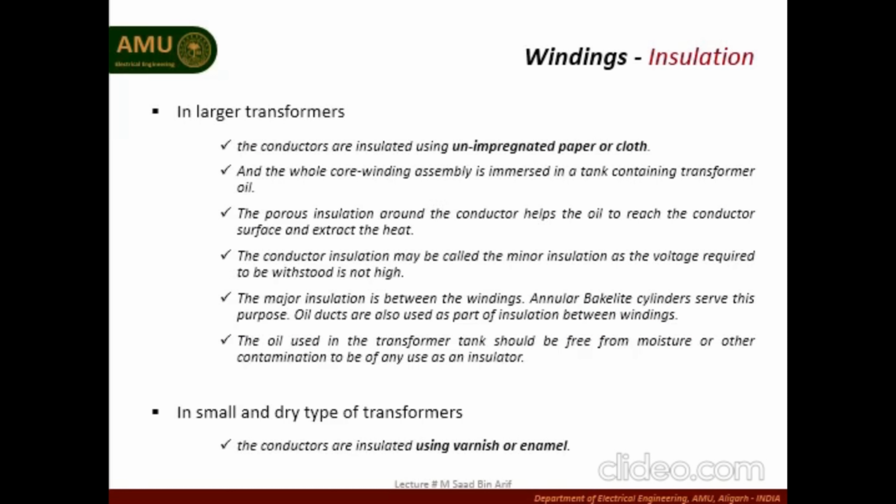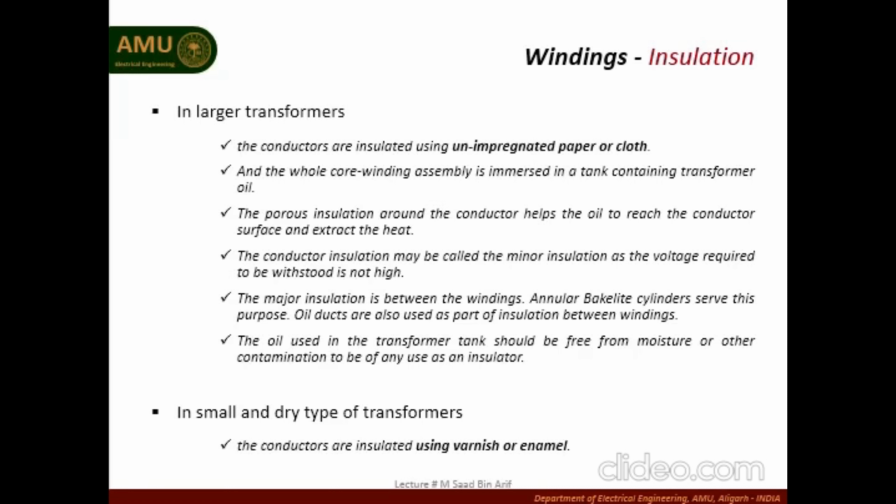But if we talk about the large transformer, then in large transformer the conductors are insulated using unimpregnated paper or cloth. And what we will do is we will immerse the whole core winding assembly in a tank containing transformer oil. And once the whole core containing the windings is immersed in the transformer oil, then what will happen?